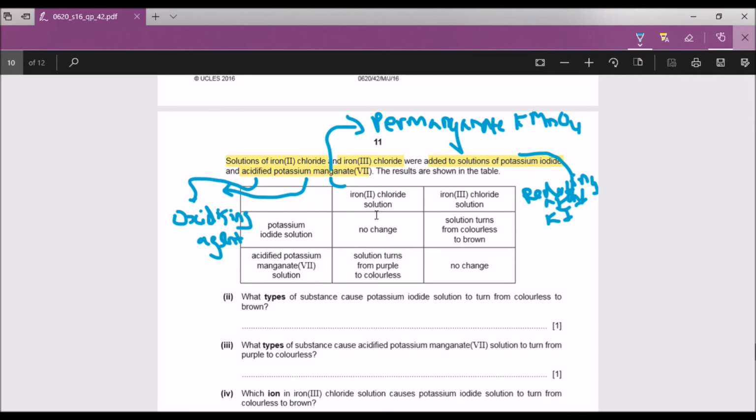So, you can see the table: potassium iodide has no change, and acidified potassium manganate(VII) changes from purple to colorless. The solution turns from colorless to brown, no change with iron 3 chloride. So what types of substance cause potassium iodide solution to turn from colorless to brown?